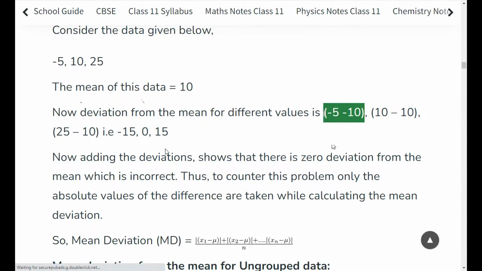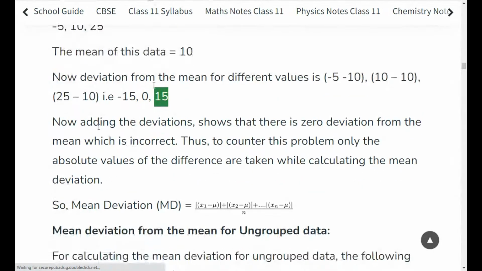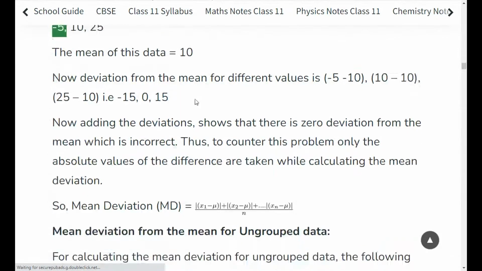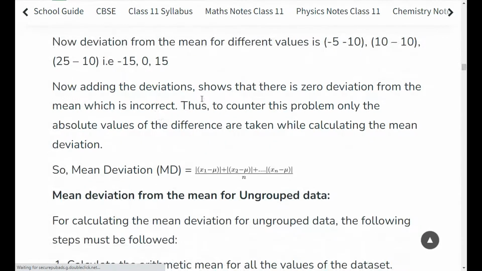What is this? That is this much. How about this one? It is 0 and there will be 15. What is this? This is the deviation from the mean. Okay, that's what we are doing: taking the mean of the data, 10, and subtracting it from each of the values that we have here, and we are able to find out the deviation.